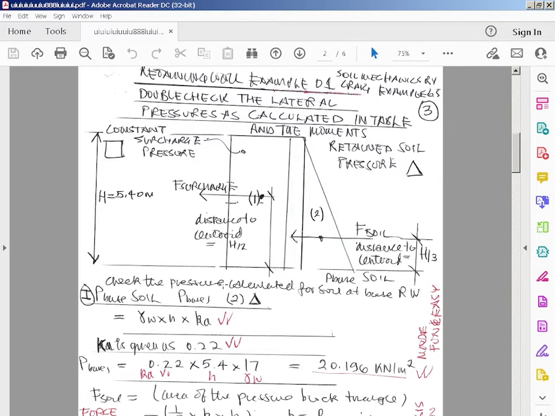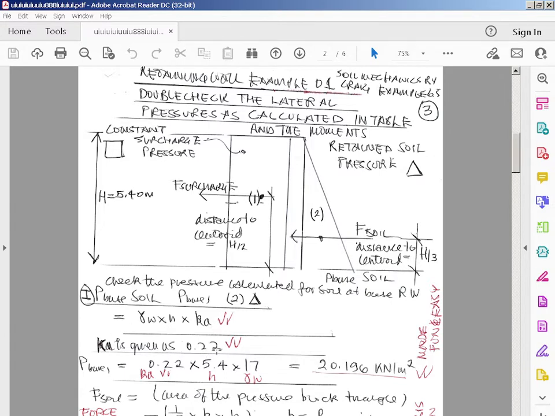Check that. So first of all, let's check the pressure calculated for soil at the base. P base of the triangle is the unit weight of soil times the height of the wall times the active soil pressure coefficient. Ka is given as 0.22.